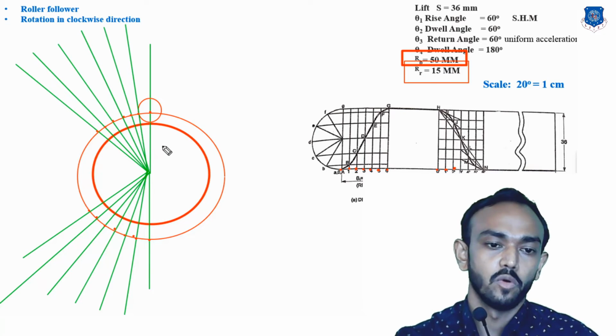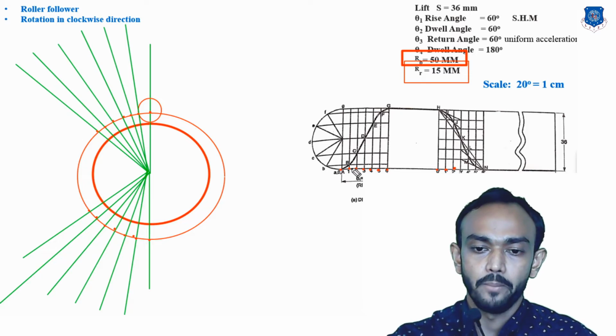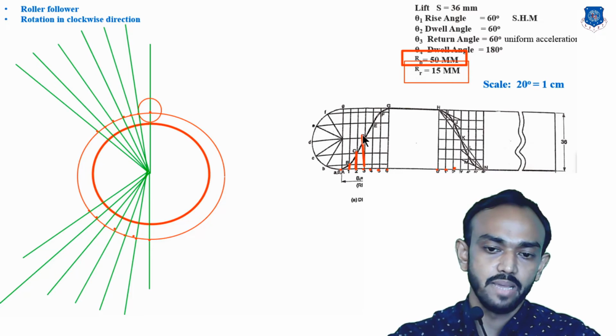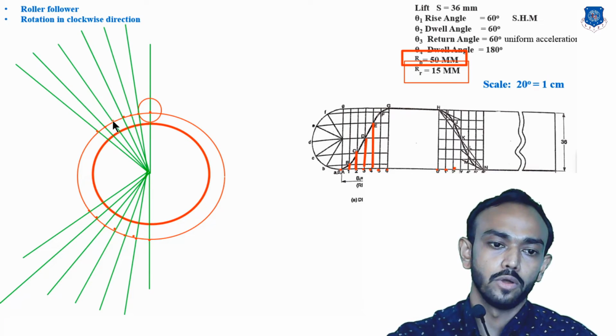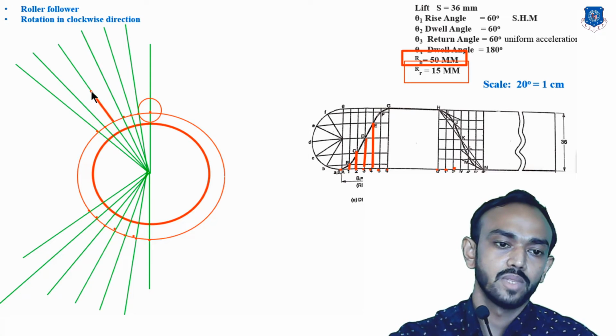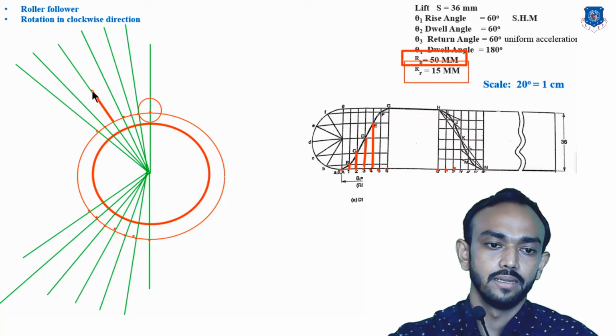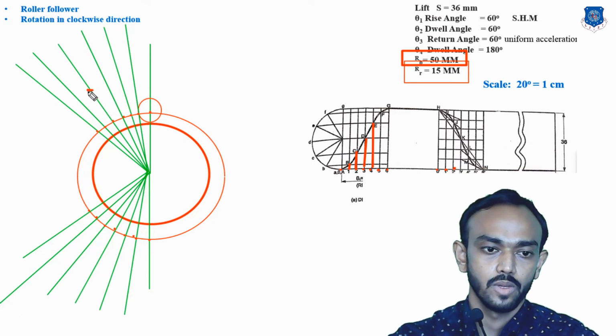And now what you are going to do, measure this distance here. Which distance? 1 to B, 2 to C. Same as in a knife edge, all these distances we have to measure. Like I am going to give you an example, 4 to E. So I am going to measure 4 to E, somewhere here it will be, so I will give a point here.